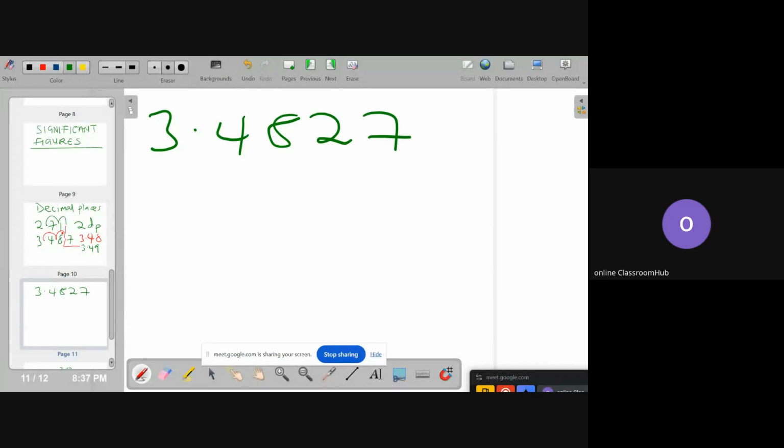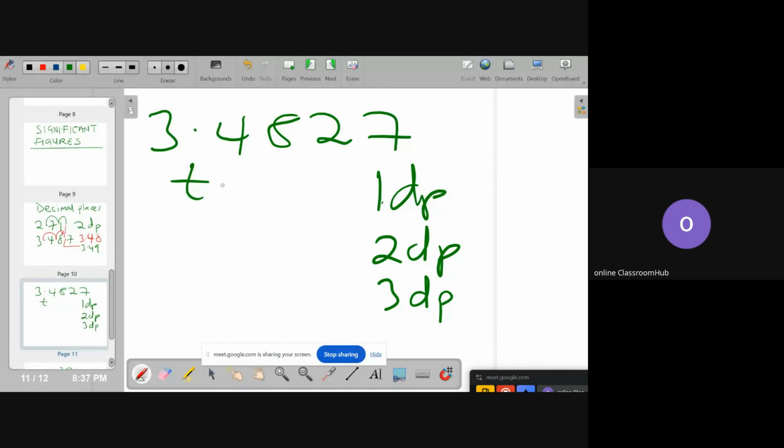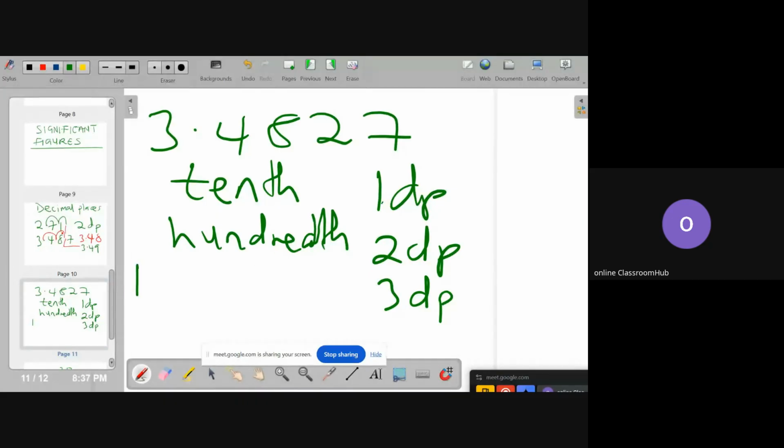They may not ask you to write your answer in 1 decimal place, 2 decimal place, 3 decimal place. They may not use these words that you know. They may say, correct your answer to the nearest 10th, 100th, 1000th.